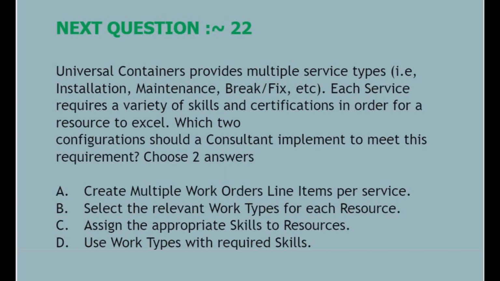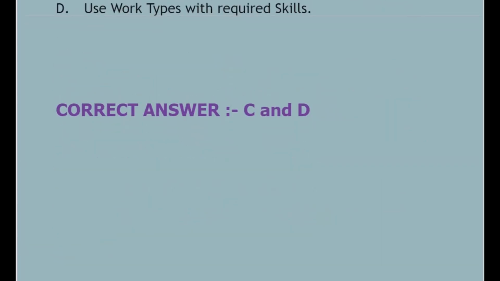Option A. Create multiple work order line items per service. Option B. Select the relevant work types for each resource. Option C. Assign the appropriate skills to resources. Option D. Use work types with required skills. Correct answer is option C and option D.